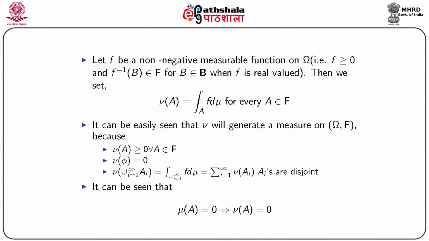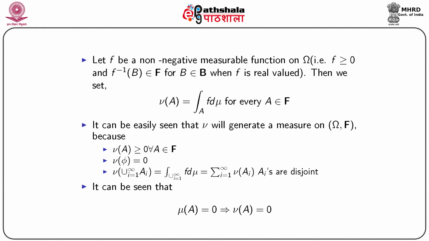Let f be a non-negative measurable function on omega, that is, f greater than or equal to 0, and f inverse of B belongs to F for every B belonging to the Borel field, whenever f is real valued. Then we set nu of A as the integral over A of f d mu for every A belonging to F.